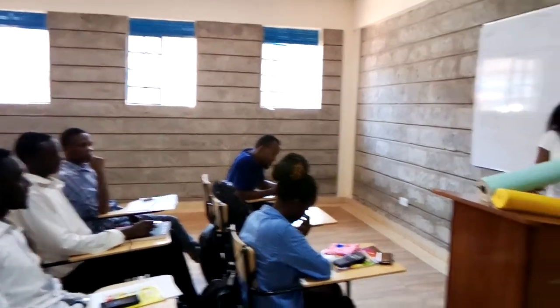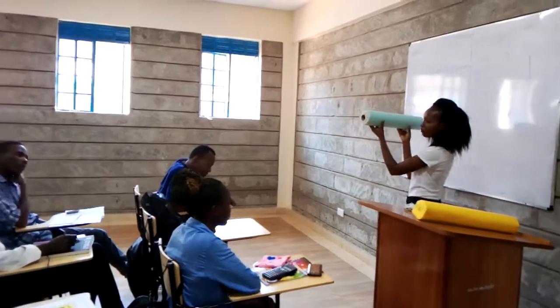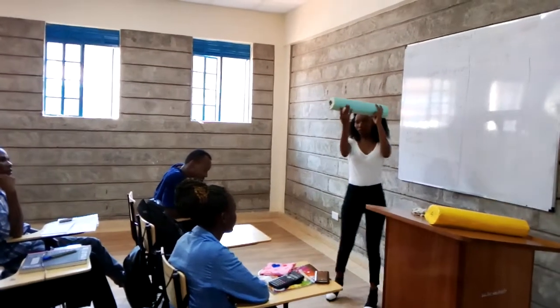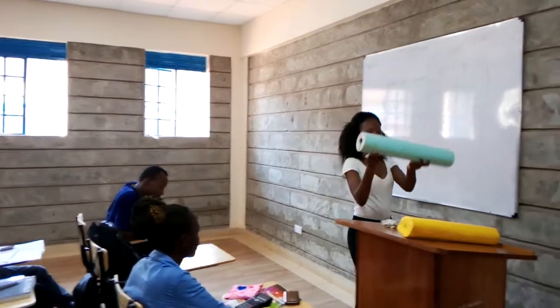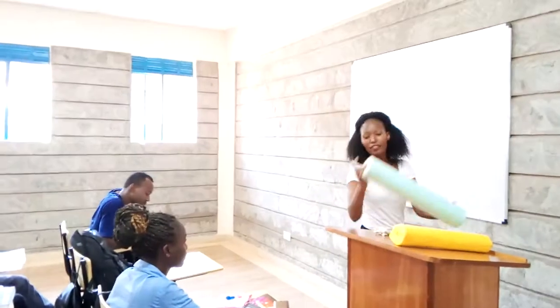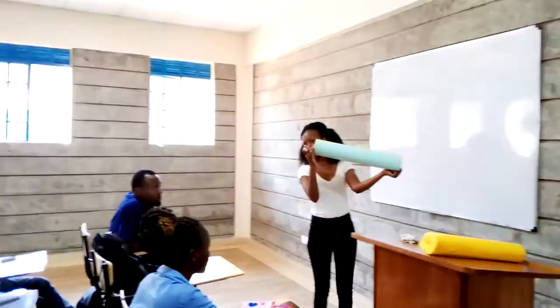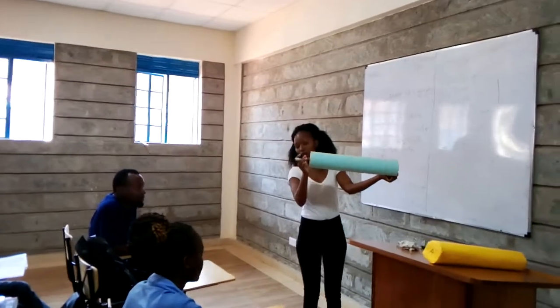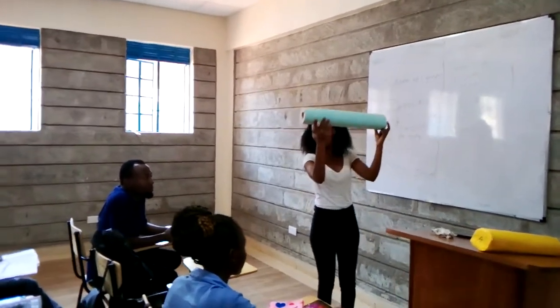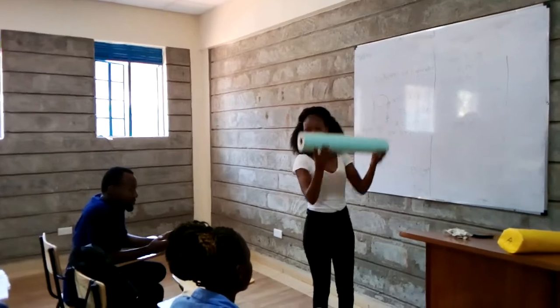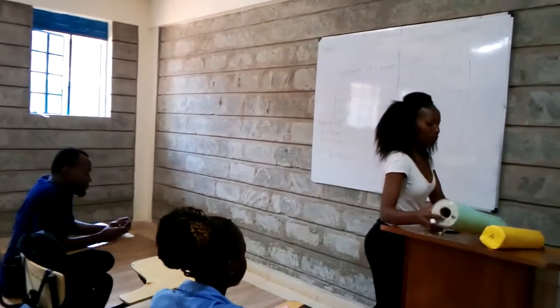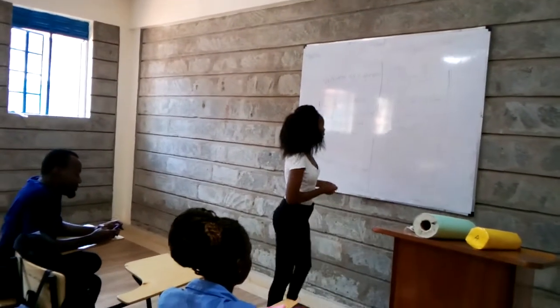So this is how a pipe looks like. I want us to get the material, the whitish part, which was used to make this pipe.